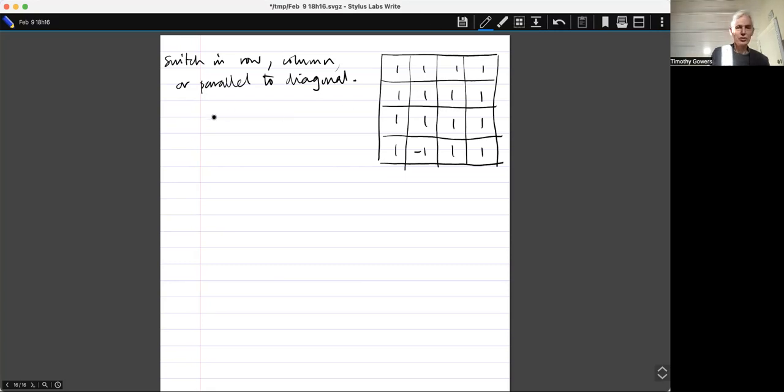What's the final question? Prove, well, the way the question is worded, prove that at least 1 minus 1 will remain in the table. I think I prefer to say prove that there will always be at least 1 minus 1.